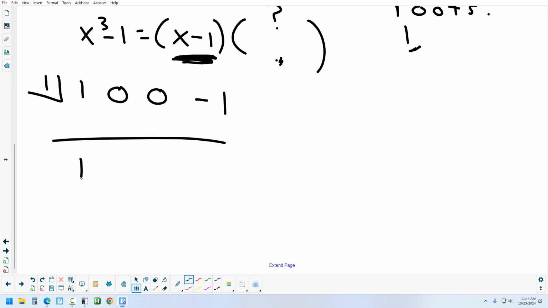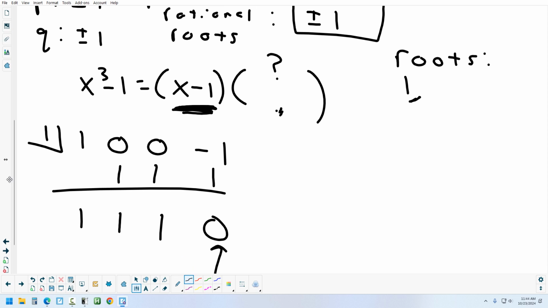What's 1 times 1? 1, and then add that up. Multiply again. Add that up. Multiply again. And add that up. 0. I already knew that. I knew I was going to get a remainder of 0. But now I know the other factor. It's x squared plus x plus 1. So I've already set the first factor equal to 0.